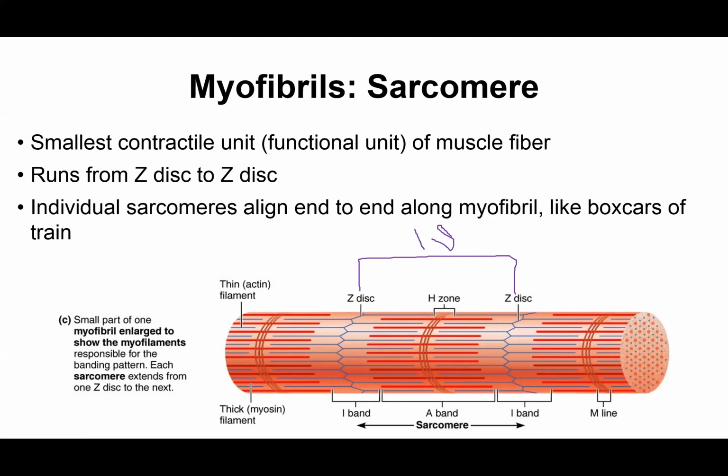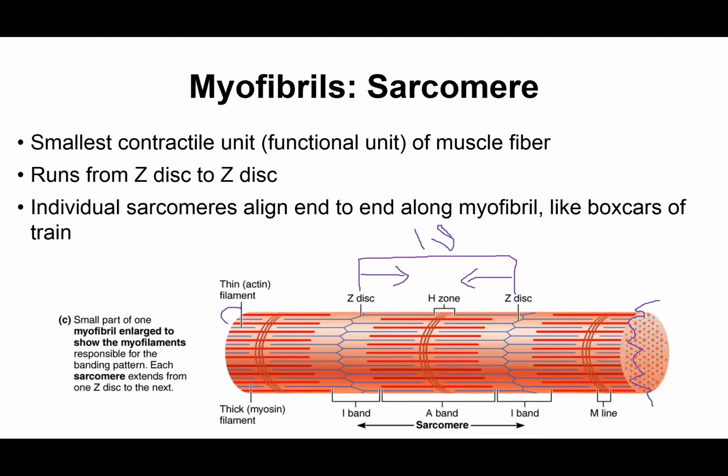So what that means is that contractile, these are the sections that are getting shorter whenever a muscle contracts. Okay? Individual sarcomeres are going to align end to end, basically kind of like they're lined up like a train. So here we would have another Z disc.